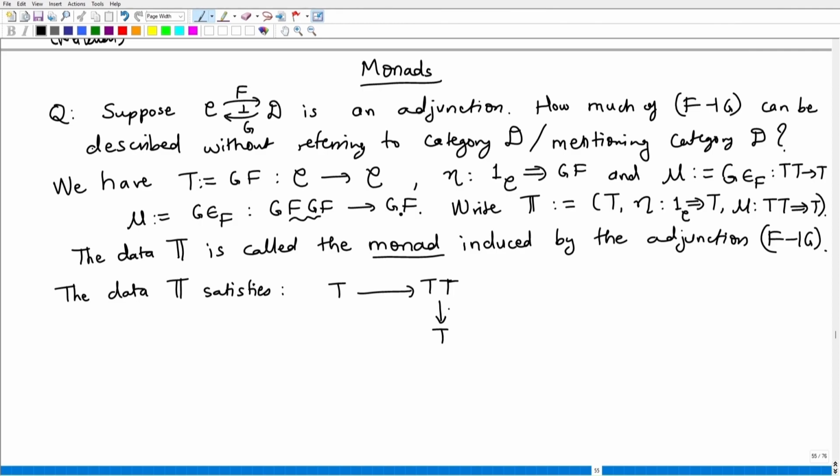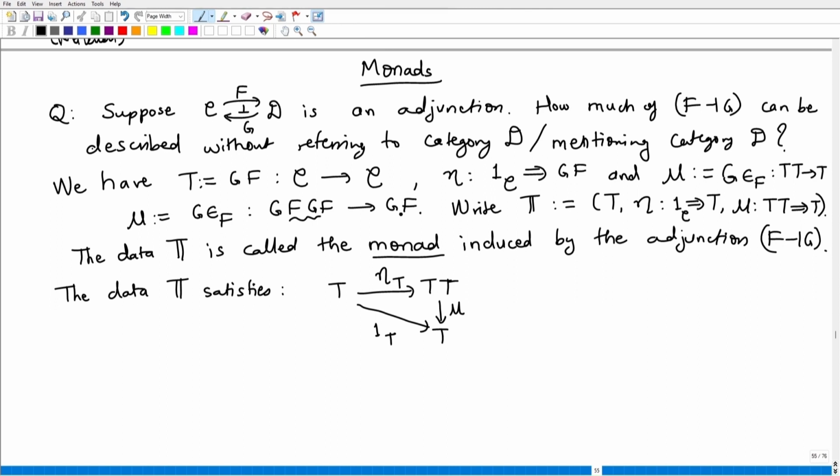What can be the arrow from TT to T? You just have to use eta and mu. This should be mu. TT to T, that is just mu. Then this one is just 1 sub T. And this one, 1 sub T composed with eta. Not composed like the vertical composition. So therefore we are going to say eta sub T.